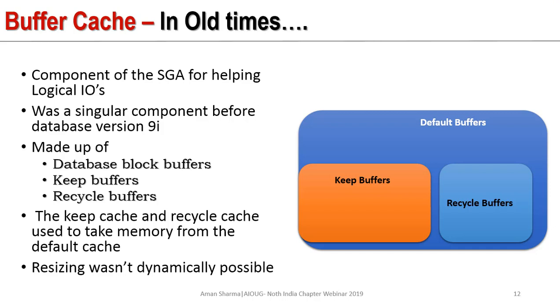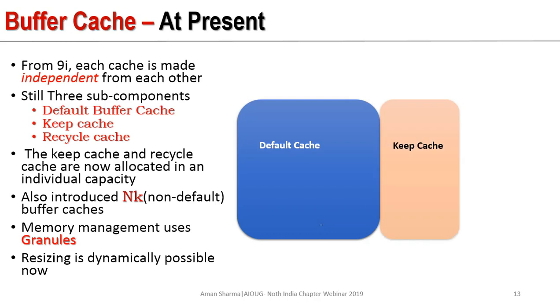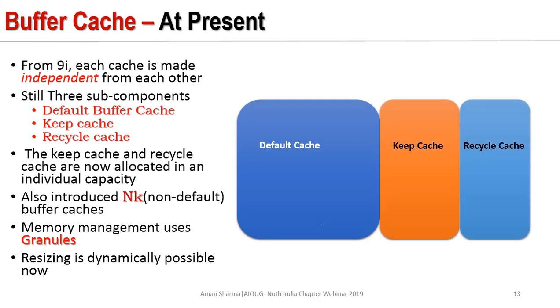That means changes to these buffers required a database restart, which changed from 9i onwards. You still have the cache, the keep cache and the recycle cache, but now all of these caches are independent, and you can change them without requiring downtime. So they are now dynamic, and you can change them even when the system is live.